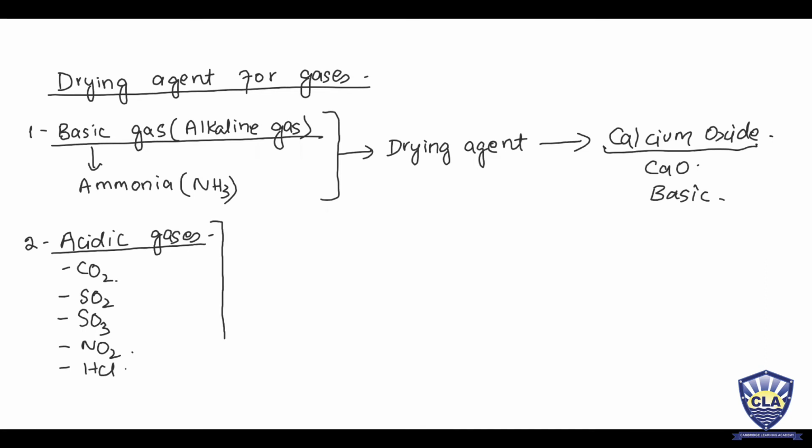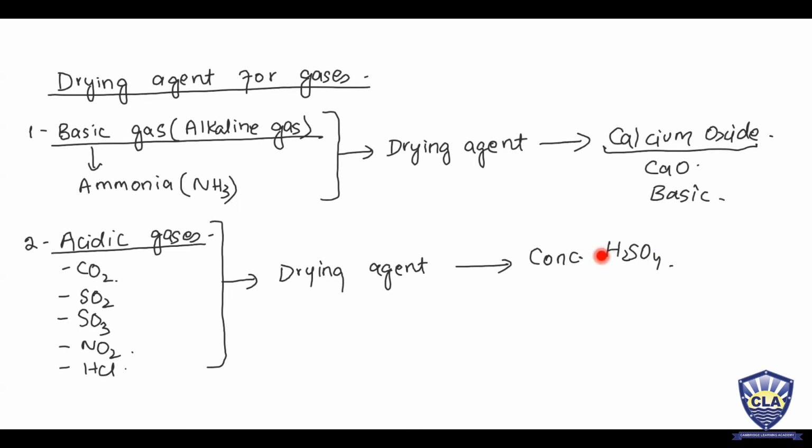If you want to dry these acidic gases, the drying agent we use is also acidic, and that is concentrated sulfuric acid, H2SO4. For acidic gases you use an acid as the drying agent.